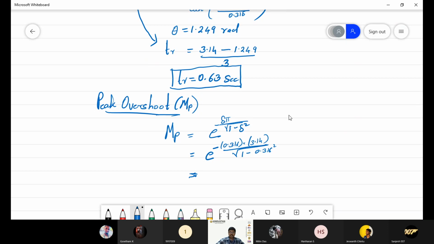Keep that in mind, because the delay time will be first, next rise time, next it will go to peak time, and finally it will settle. So depending on the time, variations will be there. And this peak overshoot is actually telling how much it will rise, the overshoot.